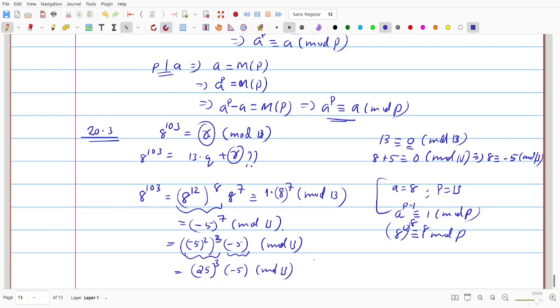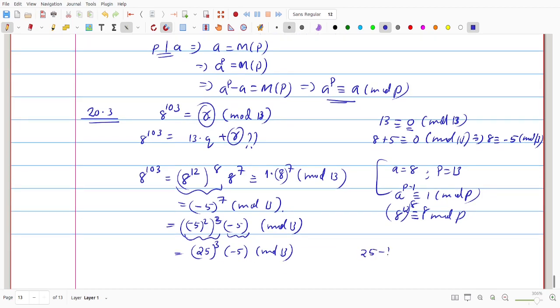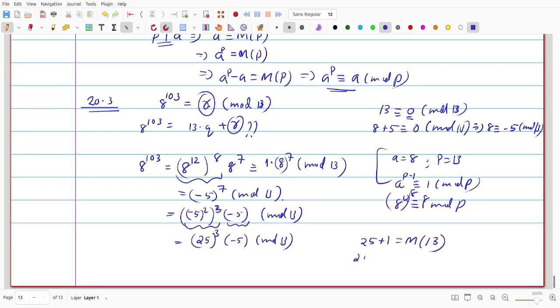What is 25? We know that 25 plus 1 is 26, and 26 is a multiple of 13, so 25 is congruent to minus 1 mod 13. So you can replace this 25 by minus 1.